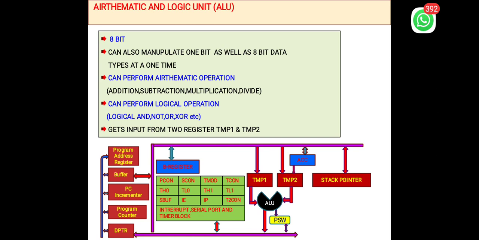Individual bits can be set, cleared or complemented and used in logic computation. It can perform arithmetic operations like addition, subtraction, multiplication and division, and also logical operations like logical AND, logical NOT, logical OR, logical XOR operation, etc.